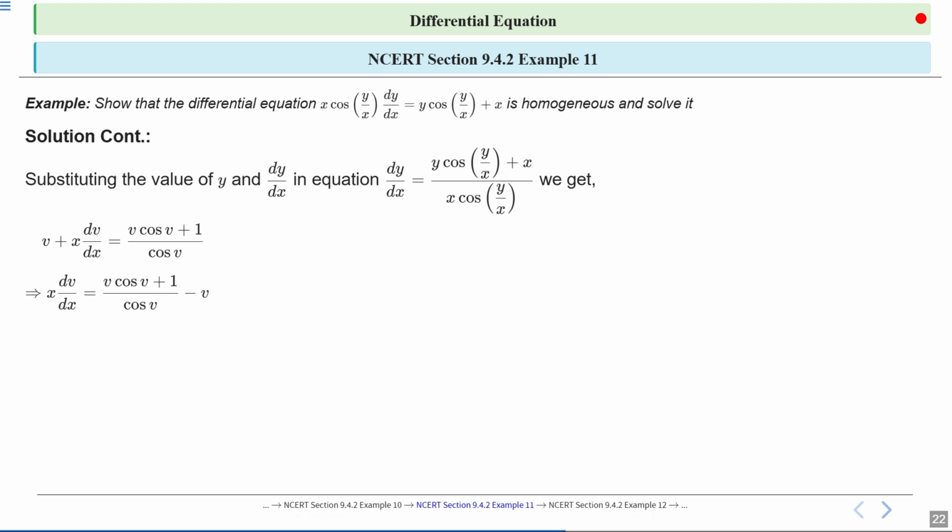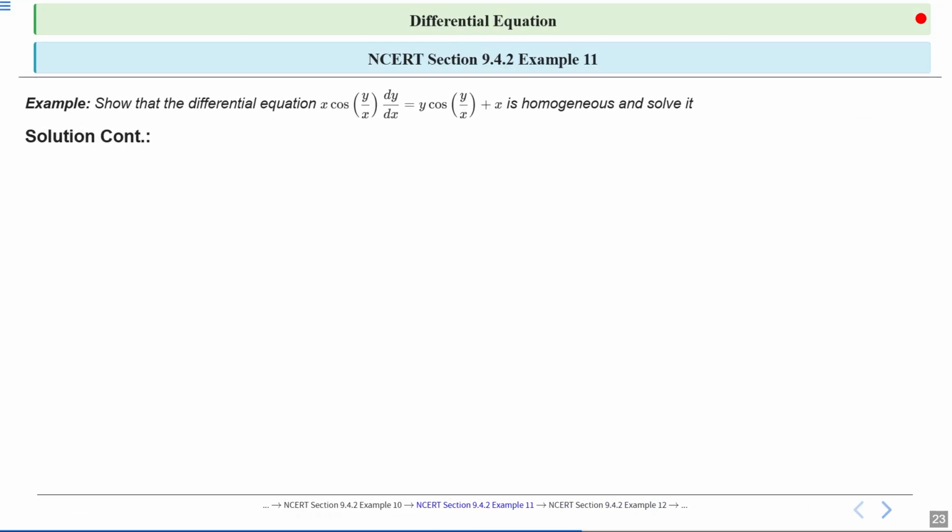We write the terms with v with dv and all the terms with x with dx. So we get x dv/dx = (v cos v + 1 - v cos v) by cos v, so x dv/dx = 1 by cos v. We can rewrite this equation as cos v dv = dx/x.